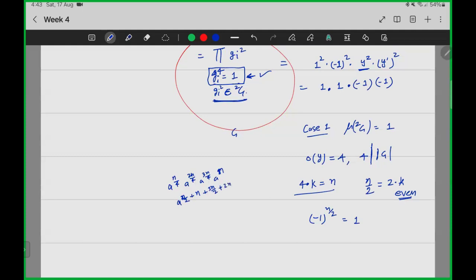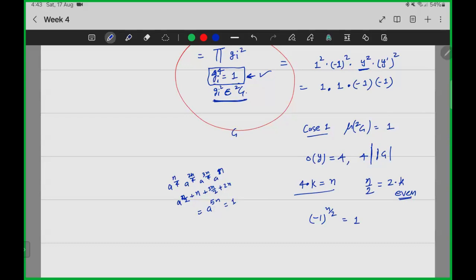Yes. So n by 2 plus 3n by 2 becomes 2n, and this is 3n. Total is 5, A to the power 5n, which is going to be 1 because A to the power n is 1, right? Yes. And this is just 1.